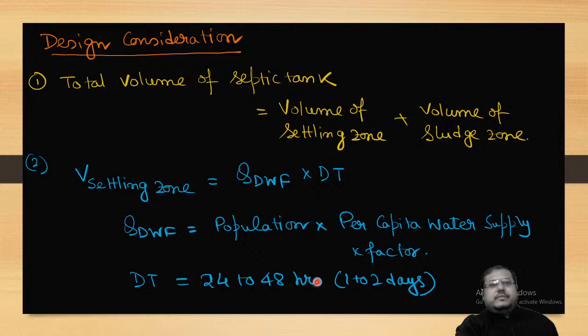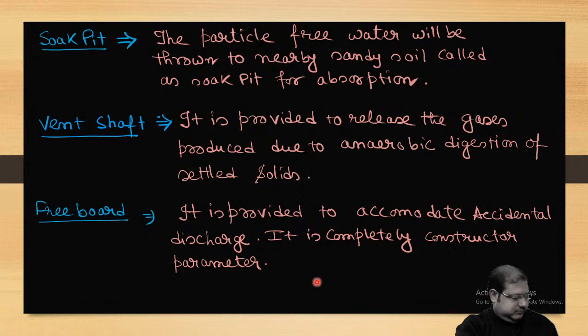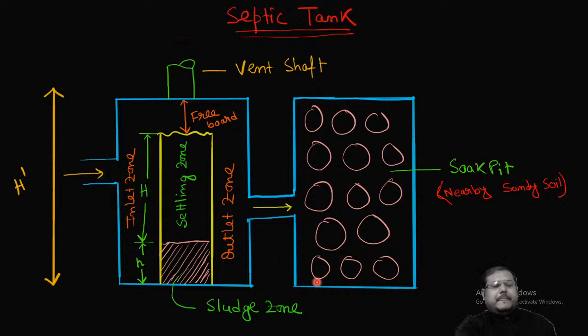What I have defined in the septic tank. This sludge zone will be cleaned once in 1 to 3 years.